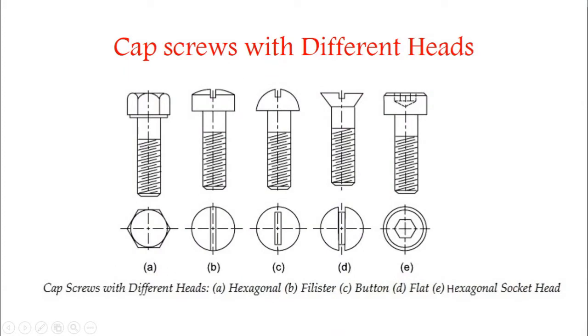The head with decreased height, up to 0.5 d, that means nominal diameter of the screw or bolt, is used when the screw is infrequently turned in and out.